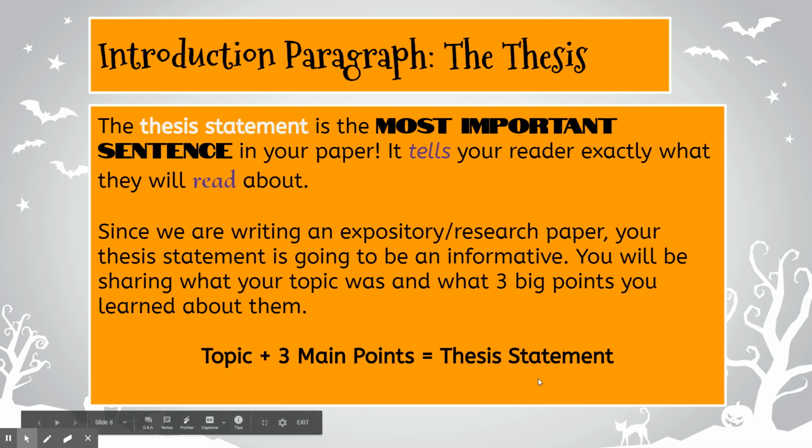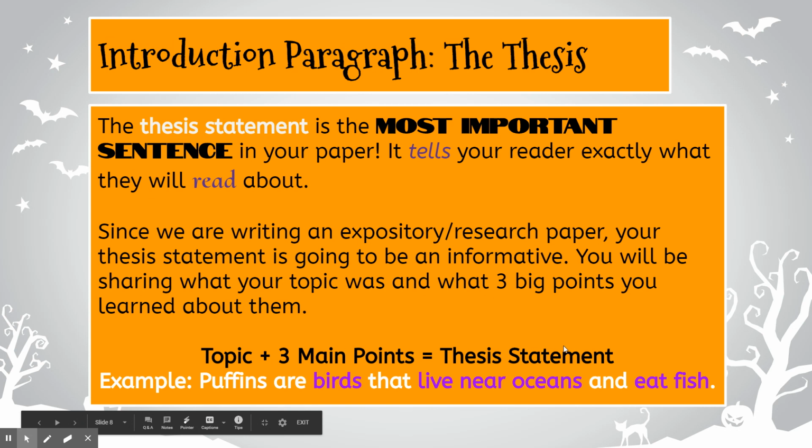So this is the formula for your thesis statement. Topic, so you would say "Immigrant children today have experienced many things," and then 3 main points like going to school, having parents supported, and getting jobs or something. I don't know, whatever you learned in your research, those 3 big points that you're trying to make connect with your topic, that equals your thesis statement.